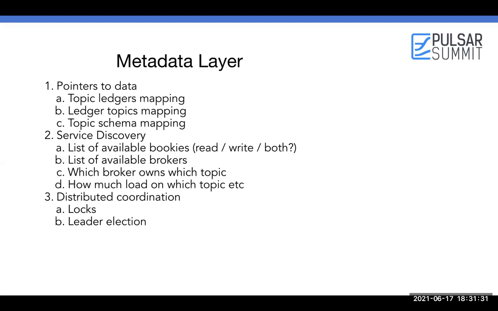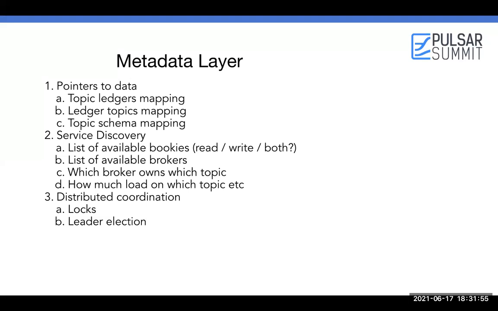Only that broker will serve the reads and writes on that topic, which allows Pulsar to cache data for that topic on this broker. And this broker can then single-handedly manage the replication factor and write directly to bookie nodes.